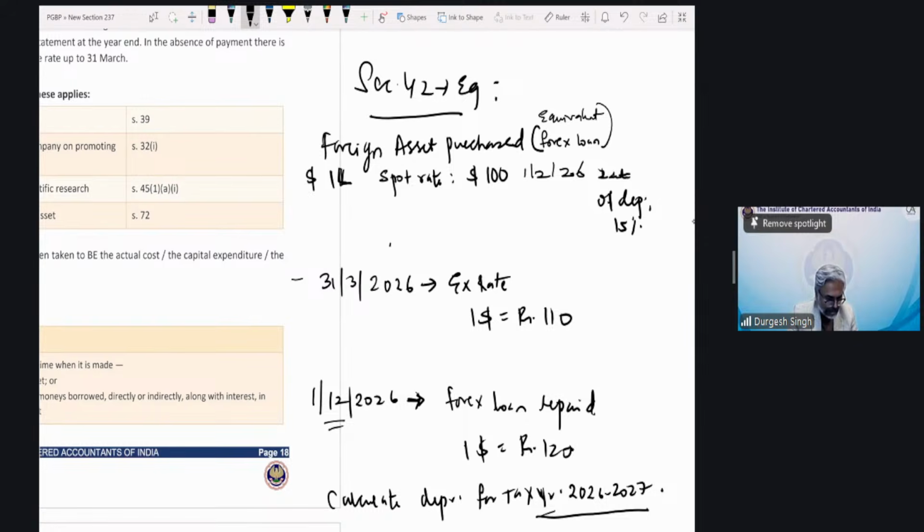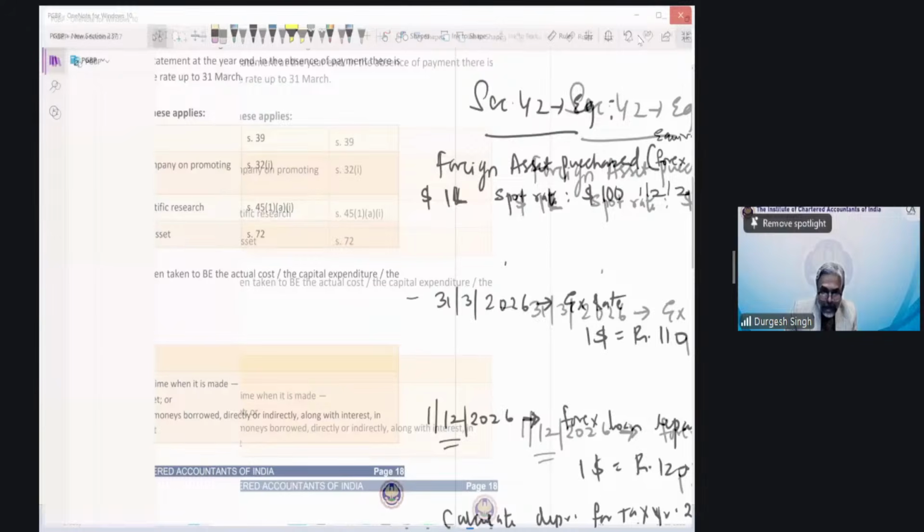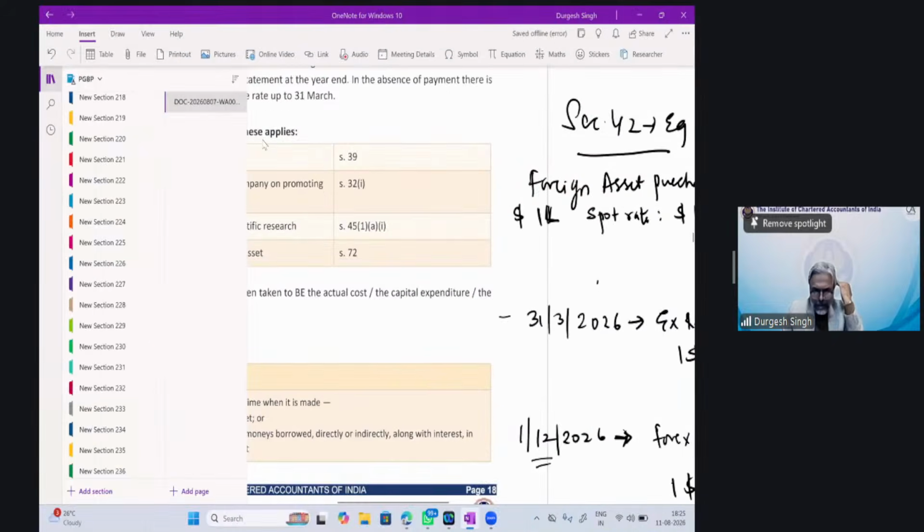Please tell me, students. What is the answer? For tax year 26-27, rather. You're talking about tax year 26-27?